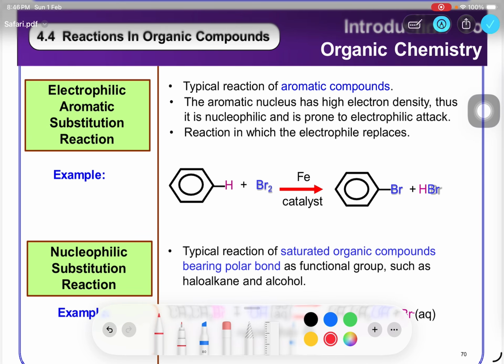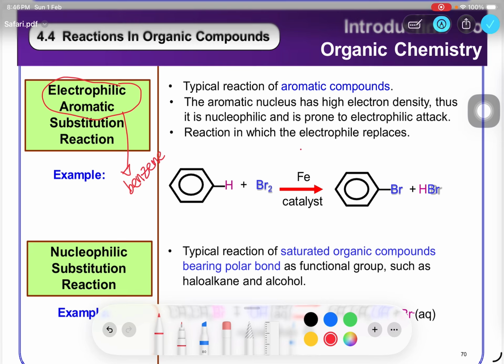The second type of substitution we always know as electrophilic aromatic substitution. In other words, it will always involve the compound with the benzene ring.